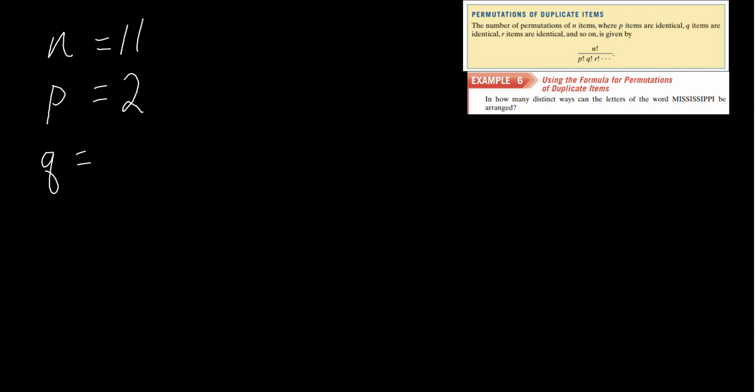We'll do I next. So there are 1, 2, 3, 4 I's, and then r. All right, well, how many of another letter do we have? Well, we have 4 S's. Yeah, I think that's all the duplicates. I's, S's, and P's. Yeah, that's all the duplicates.